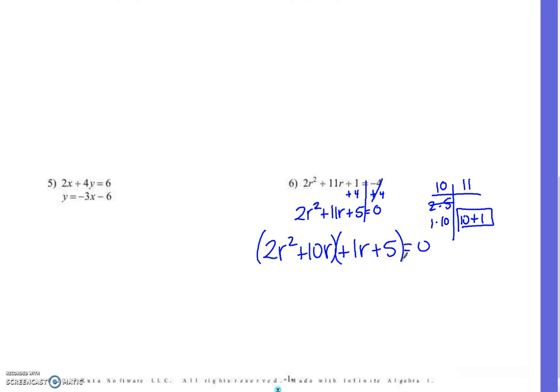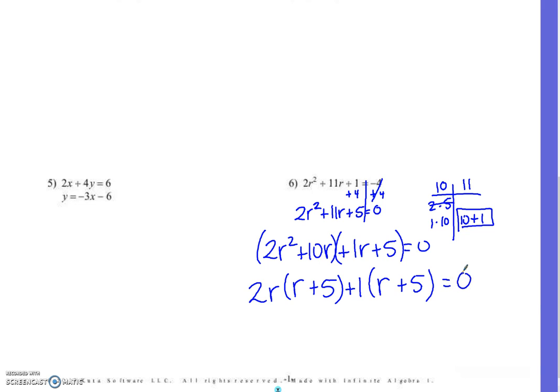The greatest common factor between 2 and 10 is 2, and then they both have an r. 2 divided by 2 is just 1, and then I'll have an r here. 10 divided by 2 is just 5, and there's no r because I took it away. The greatest common factor between 1 and 5 is just 1, and since it's positive, we take out a positive 1. 1 divided by 1 is just 1, so r. 5 divided by 1 is just 5.